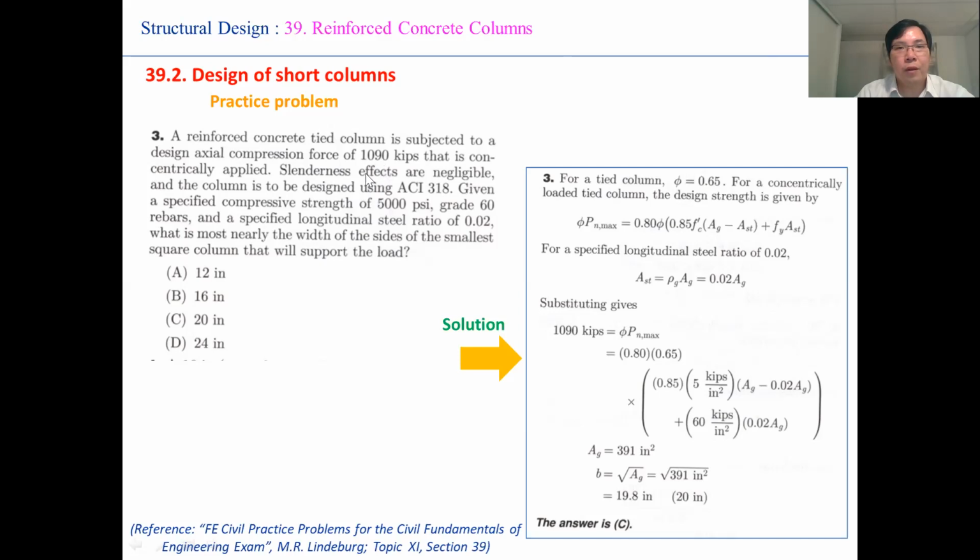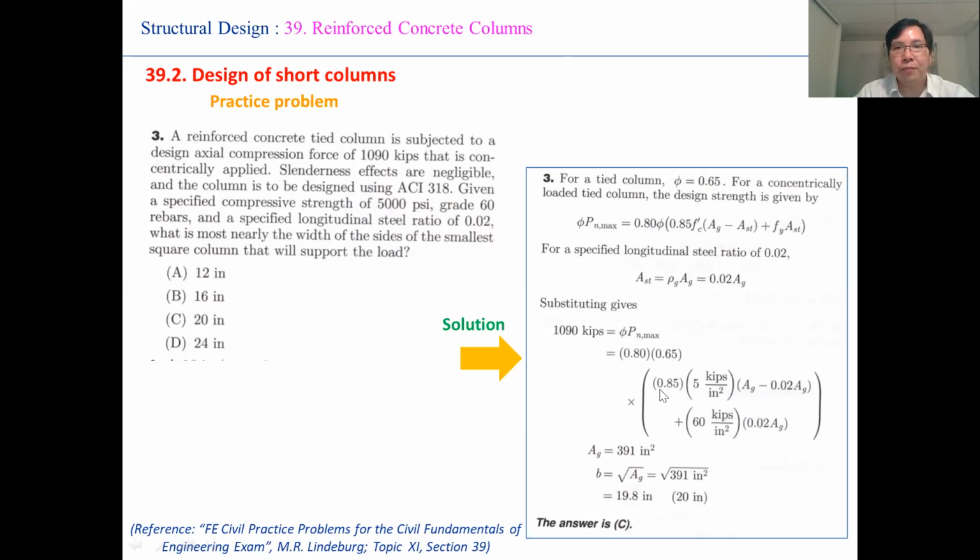And they give you other parameters: a specified compressive strength, the grade of the rebar, and the specified longitudinal steel ratio. The question is, what is the most nearly the width of the side of the smallest square column that will support the load?